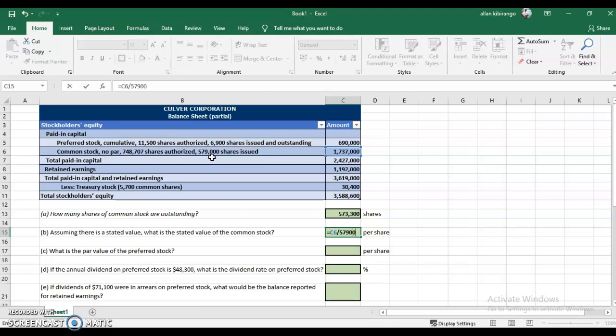And I got $3 per share. That's the stated value that I got.